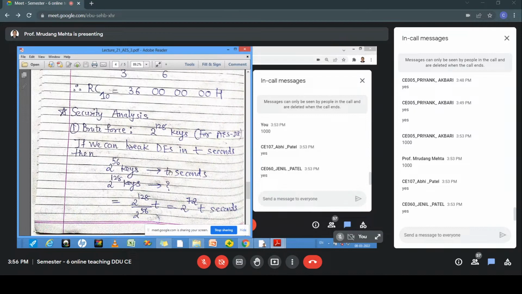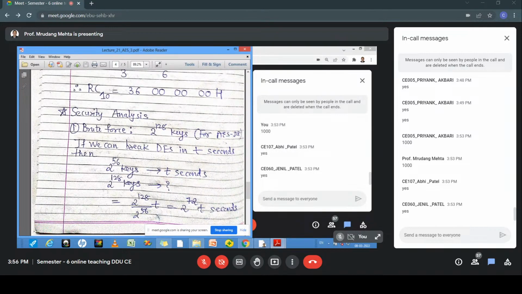We are assuming theoretically that DES can be broken in 1 second. So how much time will it take for 2 raised to 128 keys? If DES has 2 raised to 56 and AES has 2 raised to 128 keys, then 2 raised to 128 divided by 2 raised to 56, times T, is equal to 2 raised to 72 times T seconds.